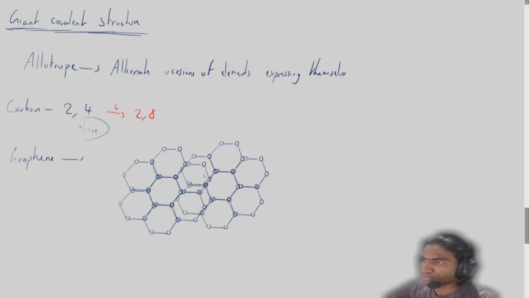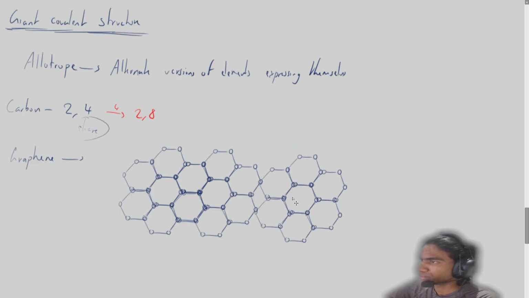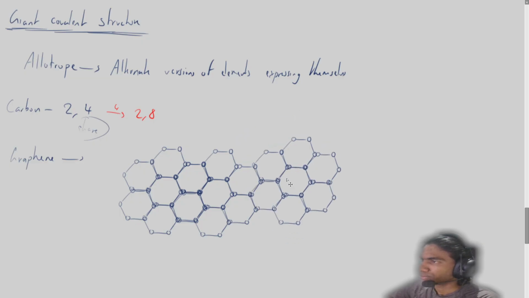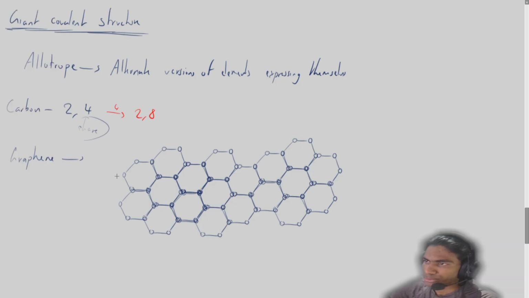So, to make up for that, what basically happens... Let me just do this one last time. Yep, another spot there. To make up for this, graphene does a really smart trick where every carbon gives up 1 electron.